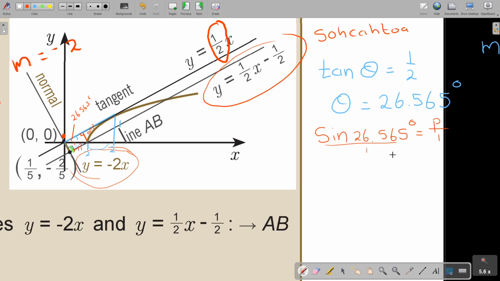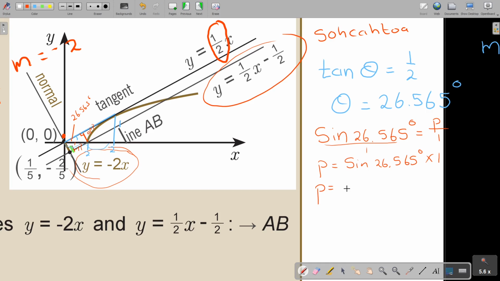If you cross multiply, you will get p. Just press sin 26.565 and times it with 1, equals.